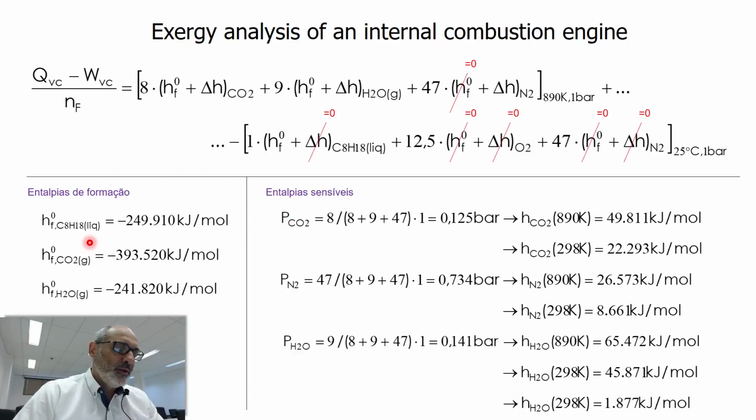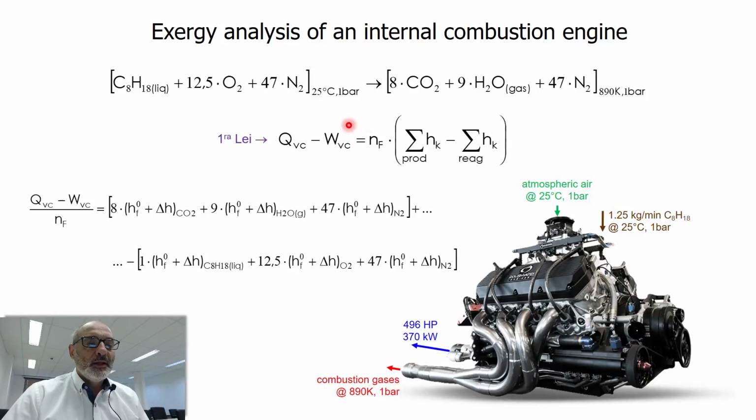So this is the fuel's enthalpy, CO2 and H2O. Those are charted data. And here I'm calculating each component's partial pressure. I'm going to explain this one. The partial pressure of CO2 is its molar concentration times the total pressure. The number of moles of CO2 is 8, and the total number of moles is 8 plus 9 plus 47.